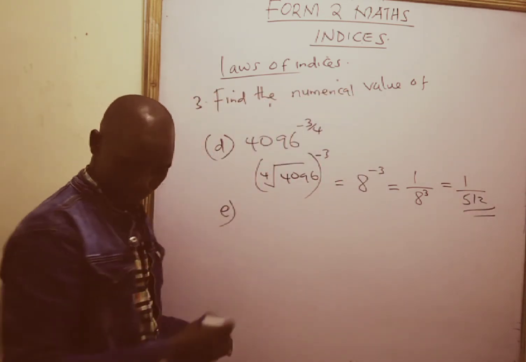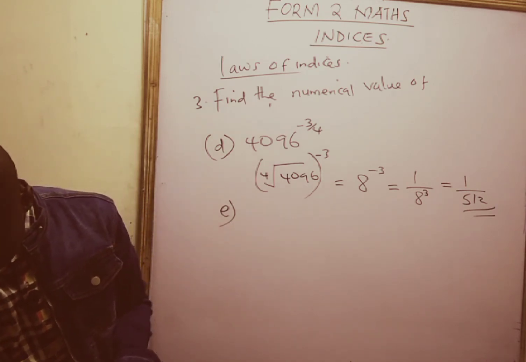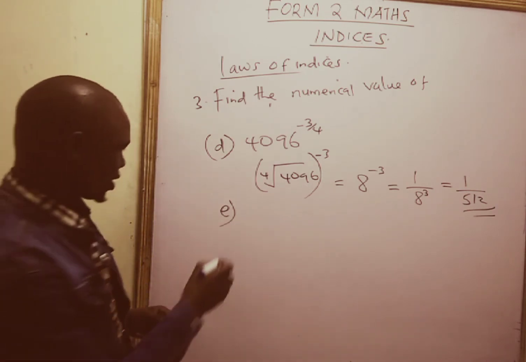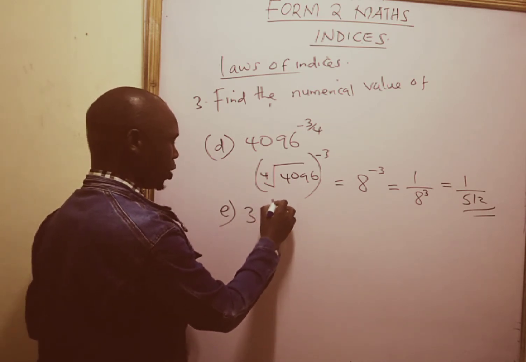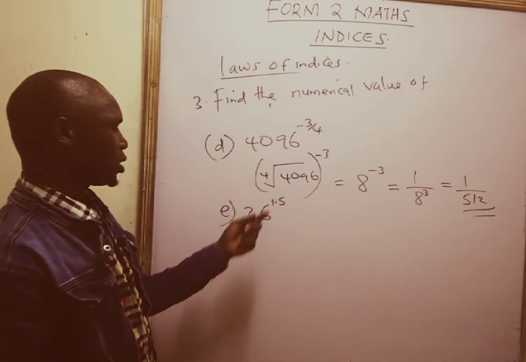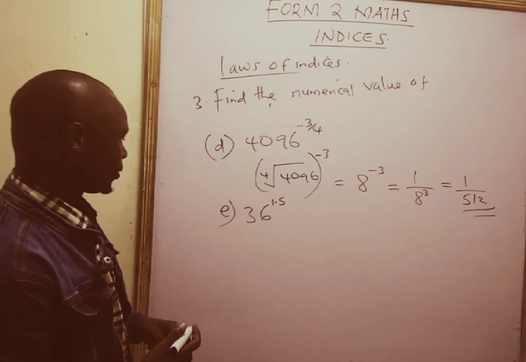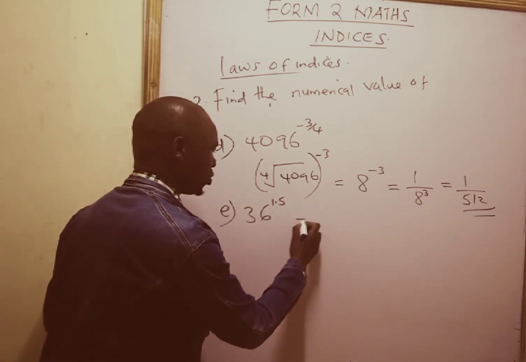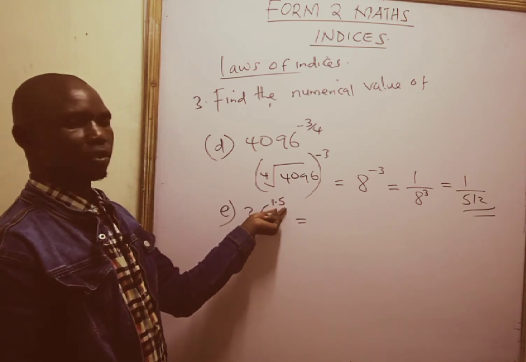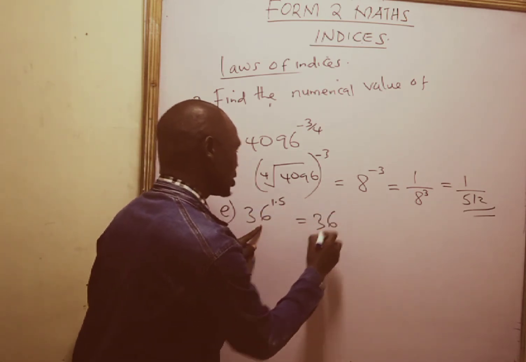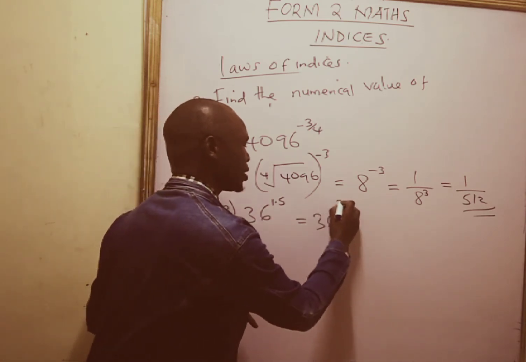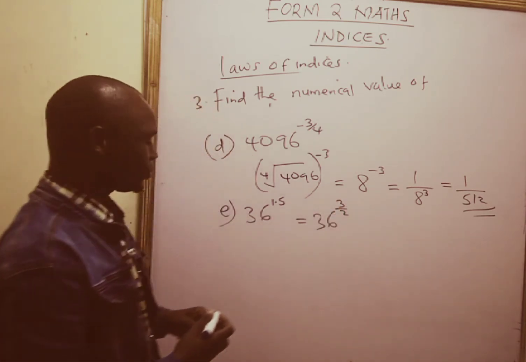E, which is perhaps the last one, we have 36 raised to 1.5. This is a decimal, and therefore now we are going to change the decimal into a fraction by writing it as 36 raised to 1.5, which is the same as 3 divided by 2.